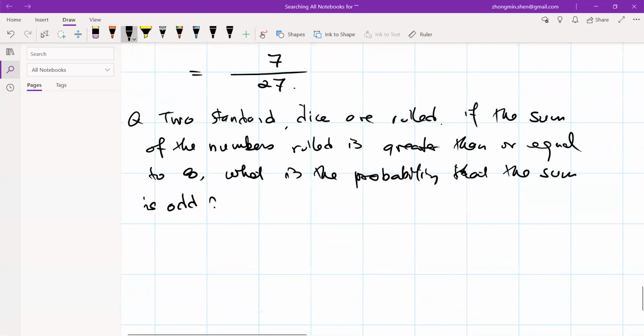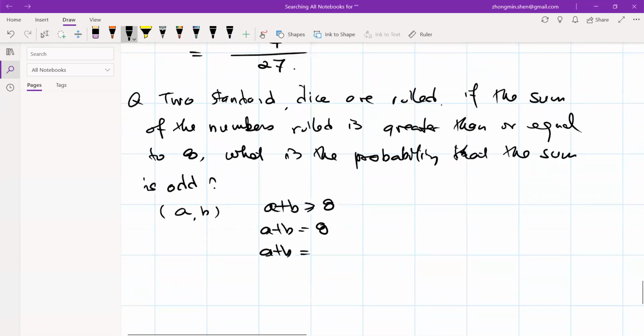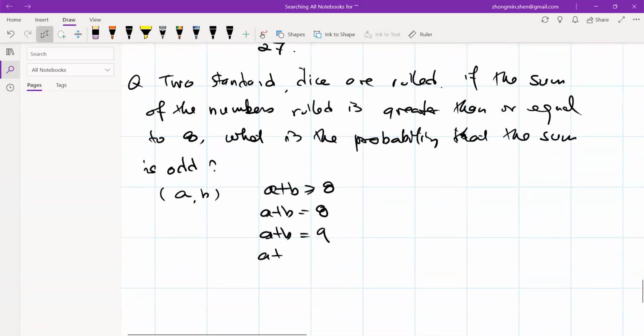You can count the order, right? The A and the B, you count those 2 numbers. So A plus B is greater than or equal to 8. You can say A plus B equals 8, A plus B equals 9, A plus B equals 10, A plus B equals 11, A plus B equals 12.